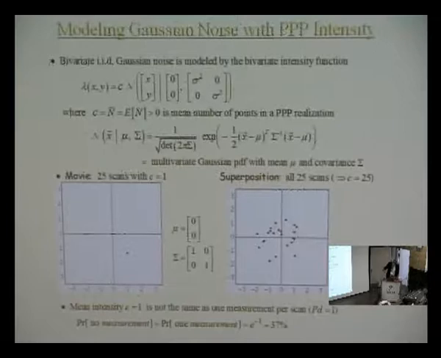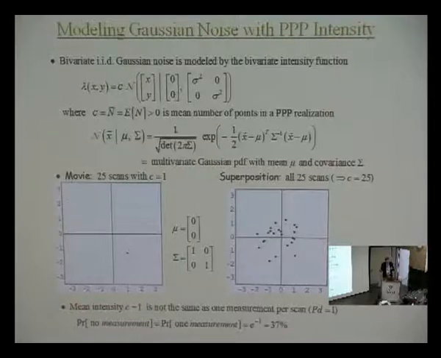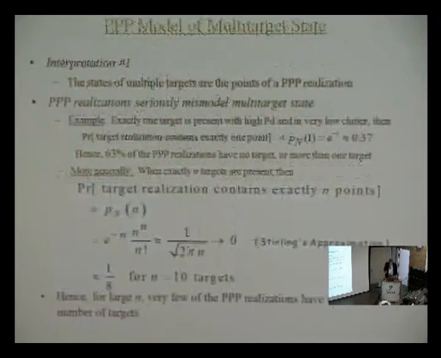This is when I superposed 25 scans. I had 23 points. Well, that's getting close to the right number on average. 25 scans, 23 points. How many points do I get on average? Close to 1. So it's the average phenomena that is the model and not the particular realization.